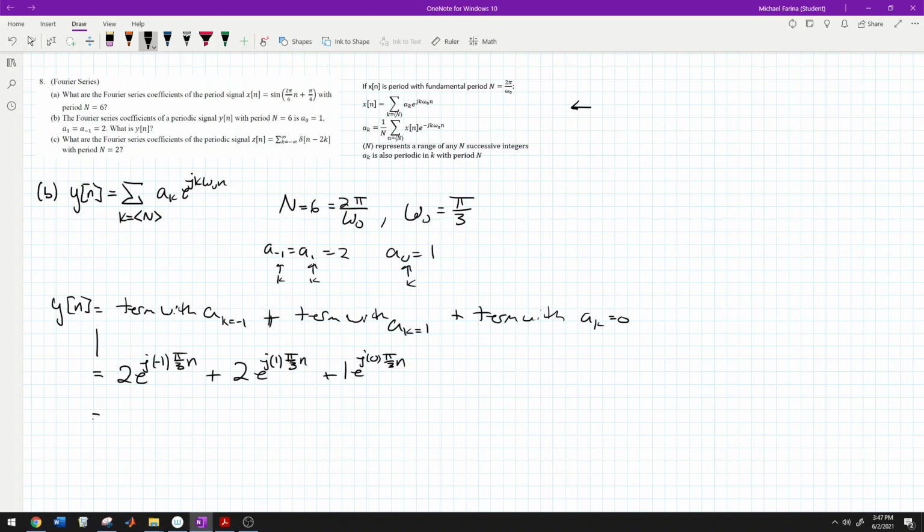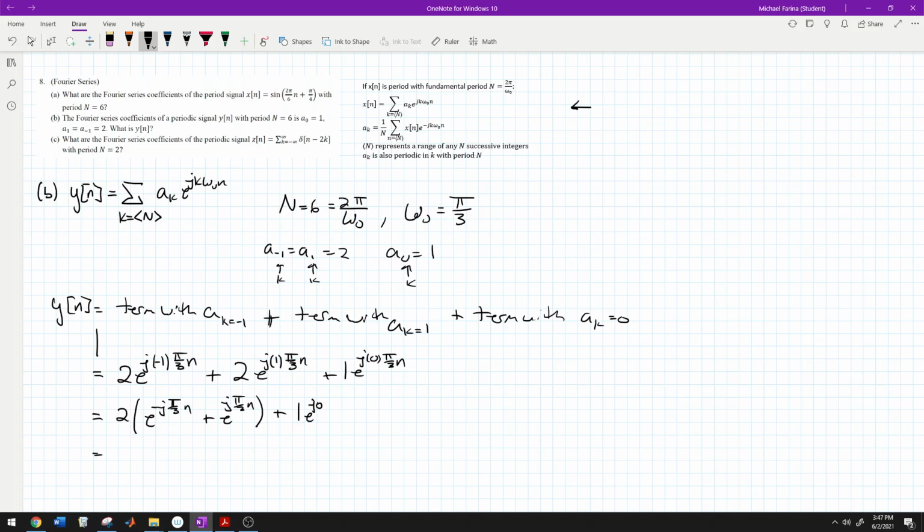And we write this out, let's factor out this 2, so we get 2 times e to the negative j pi over 3 n plus e to the j pi over 3 n, plus 1 times e to the j 0.